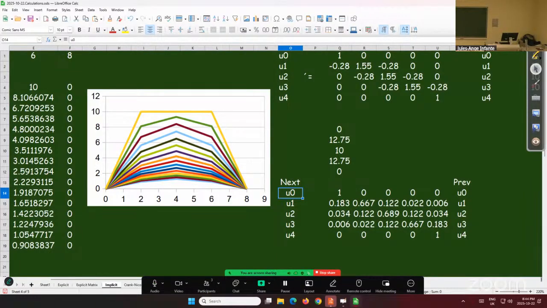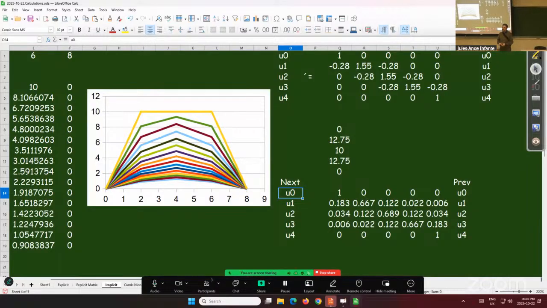And that's why in the implicit we have the shift, because it's affected by all the others. By inverting, you can see that, well, not the first row obviously, it's only affected by itself, and the last one also, but one is a function of all the other nodes, not just the immediate neighbors.